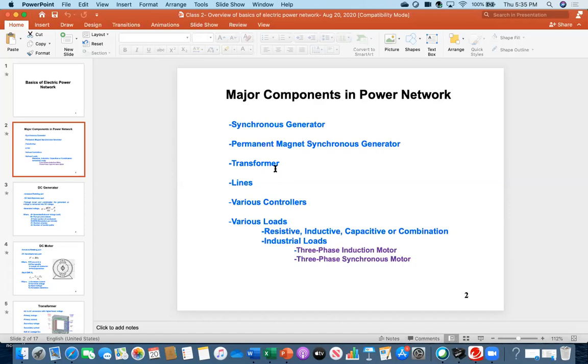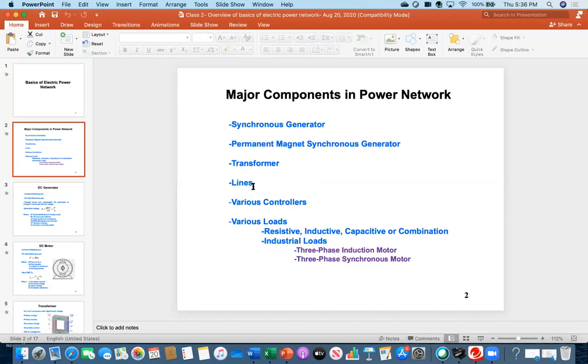And then the other essential component is the transformer, which is often treated as the heart of the power network. In the way we have our live heart, similarly the transformer is the heart of any power network. If the transformer goes out, then we will be in the dark.